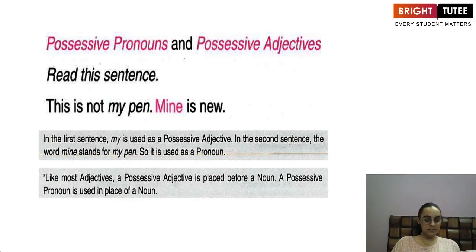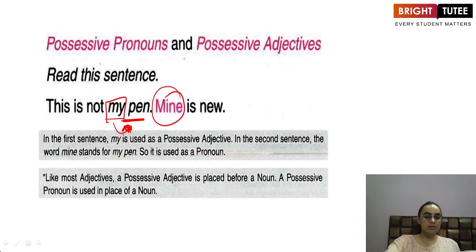Look at this sentence. This is not my pen. Here, this word my is a possessive adjective because it is used with a noun. However, mine is a possessive pronoun because it is used independently. There is no noun that is used with it.